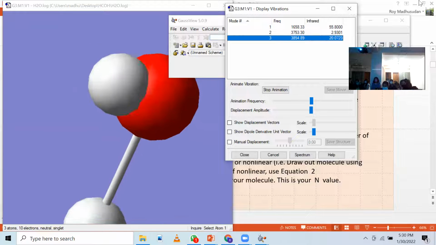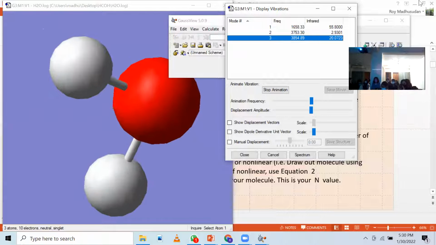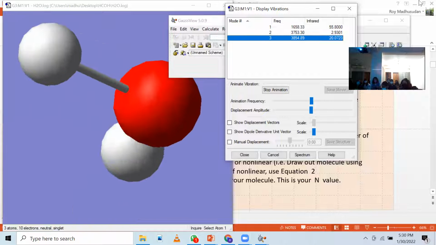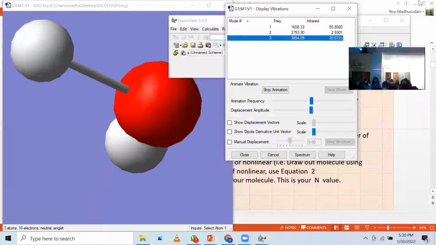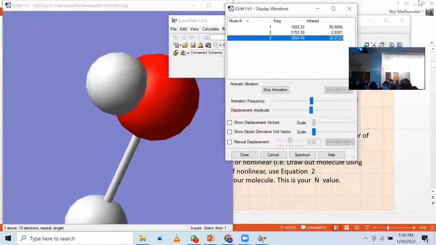Neutral. Yes. In some sense, I would say this is neutral and IR inactive. But sometimes, if the stretching or the polarity is not homogeneous, in that case it can show some dipole moment and it can be IR active.